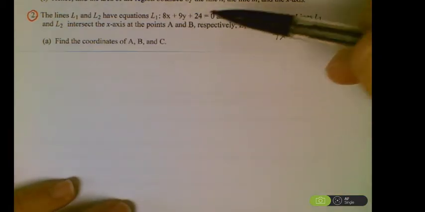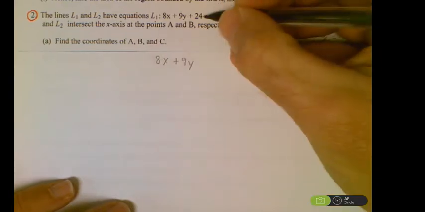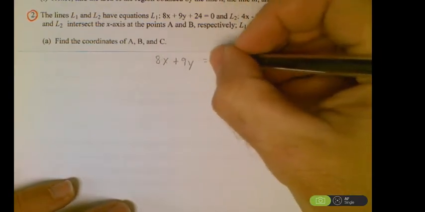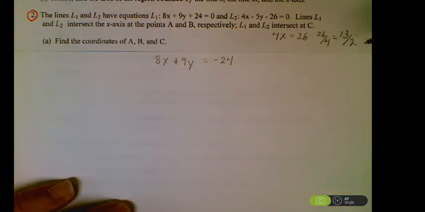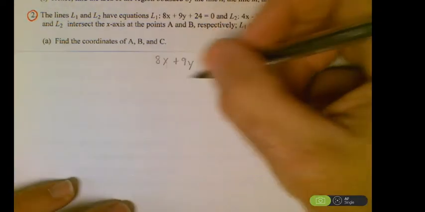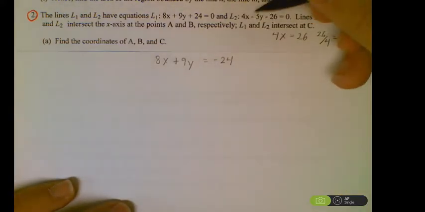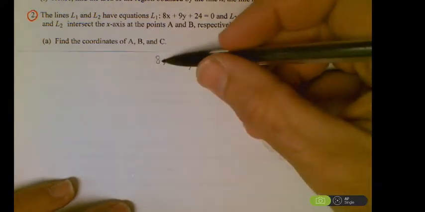In this one, I'm just going to show it by hand since we did it on the calculator in worksheet A. For solving our system of equations, elimination is a pretty good way of going. I'm taking line 1 right here, and I'm going to subtract the 24 over to the right to put it into a more comfortable format that we're used to seeing. I'm going to take line 2 and stack it right underneath so that my x's will match.